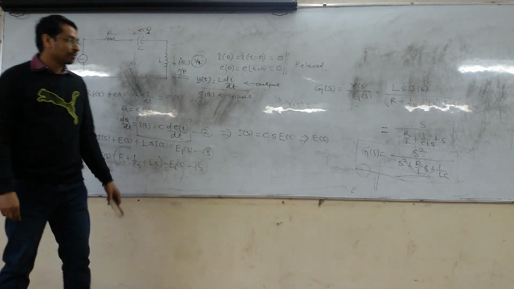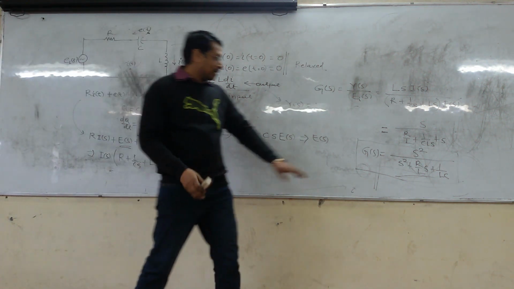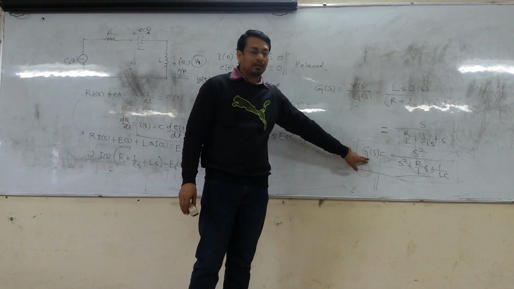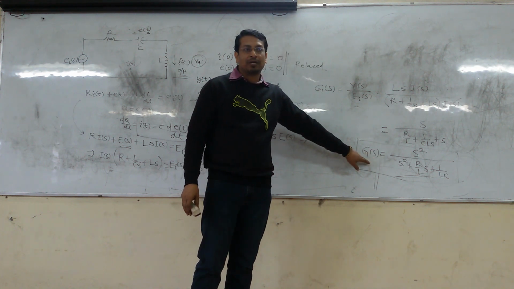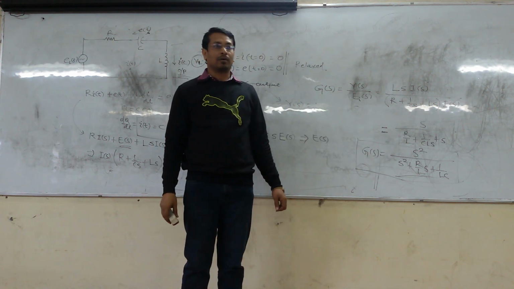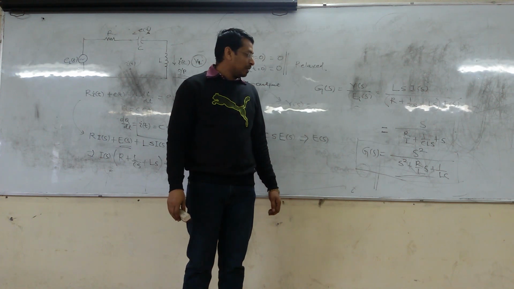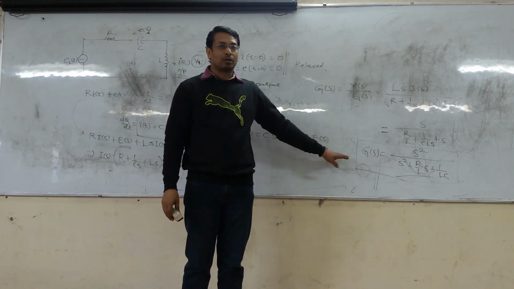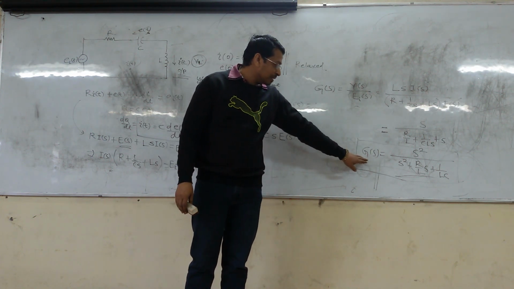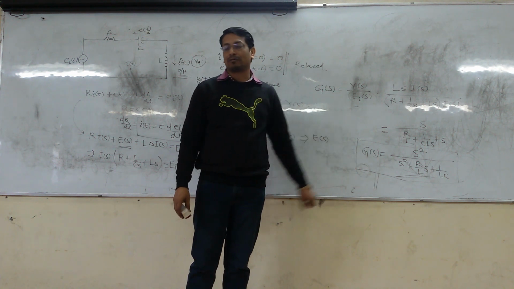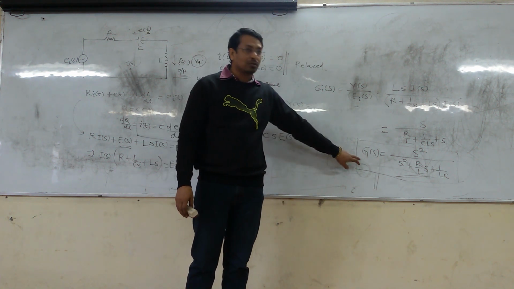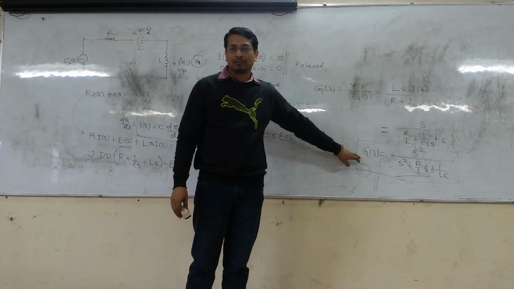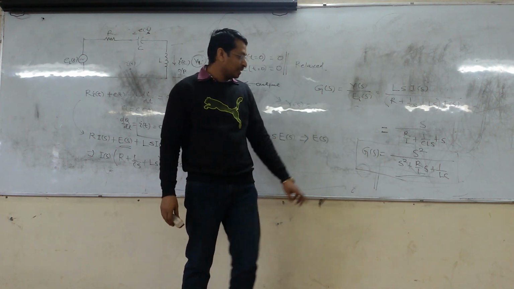So here, by looking at the transfer function itself, if somebody is going to ask how many components of this system corresponding to this transfer function store energy, what you will say? You will say 2.